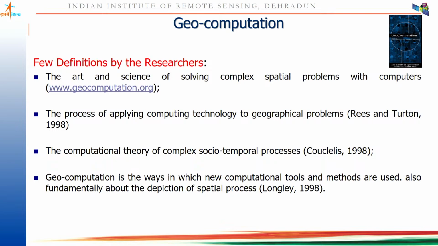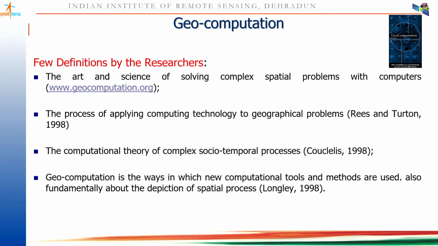When you are dealing with spatial data, we basically call it spatial data science. When you are dealing with generic data in general, then we call it data science. Similarly, geocomputation is basically an advancement of computations where we are dealing with geographical data.